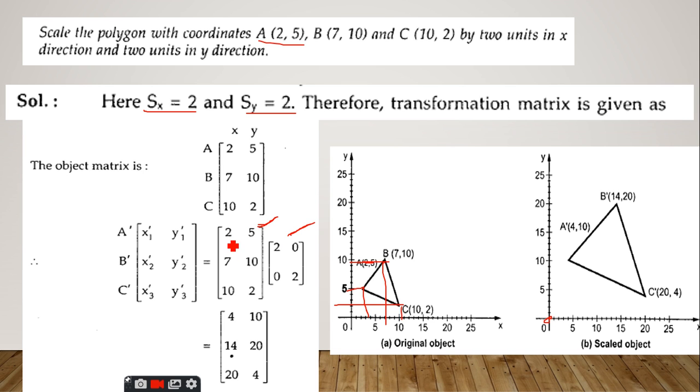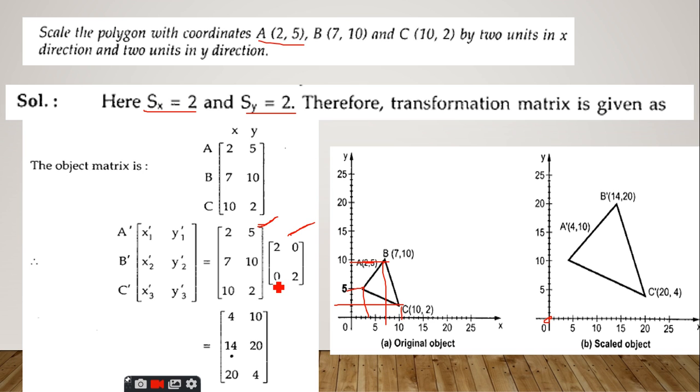That means we are going to get 2 into 2 is 4, plus 5 into 0 is 0.